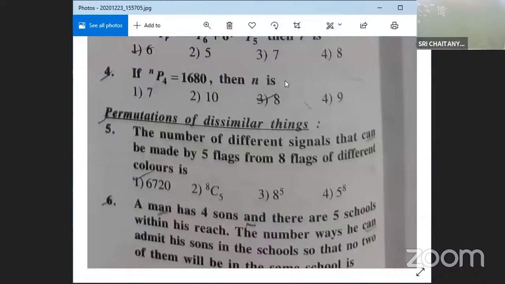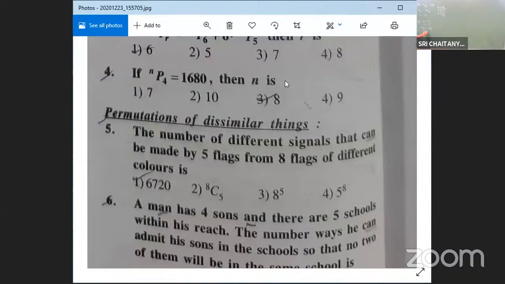Okay, that means n value, the highest value, should be n, and r value is equal to 5. That means required arrangements is equal to nPr, which is equal to 8P5.